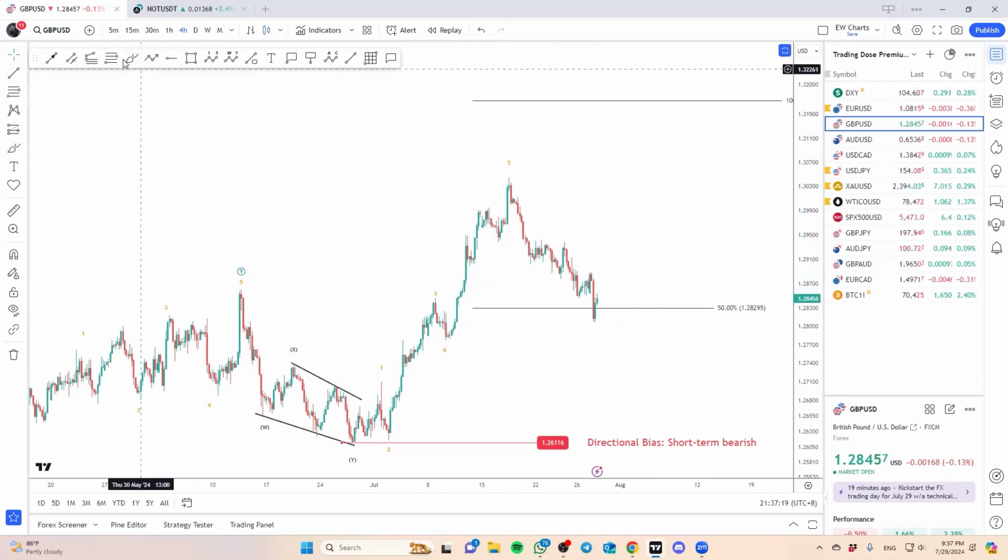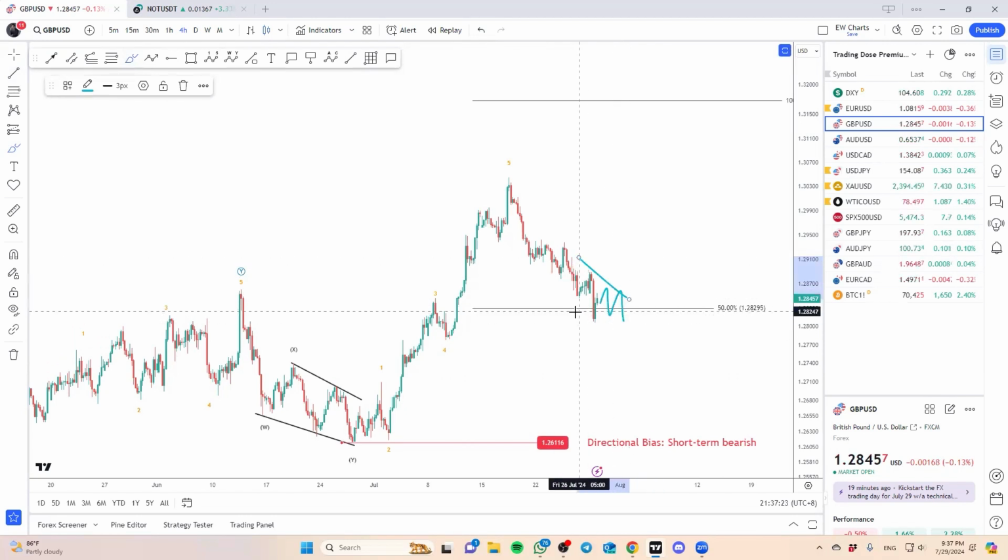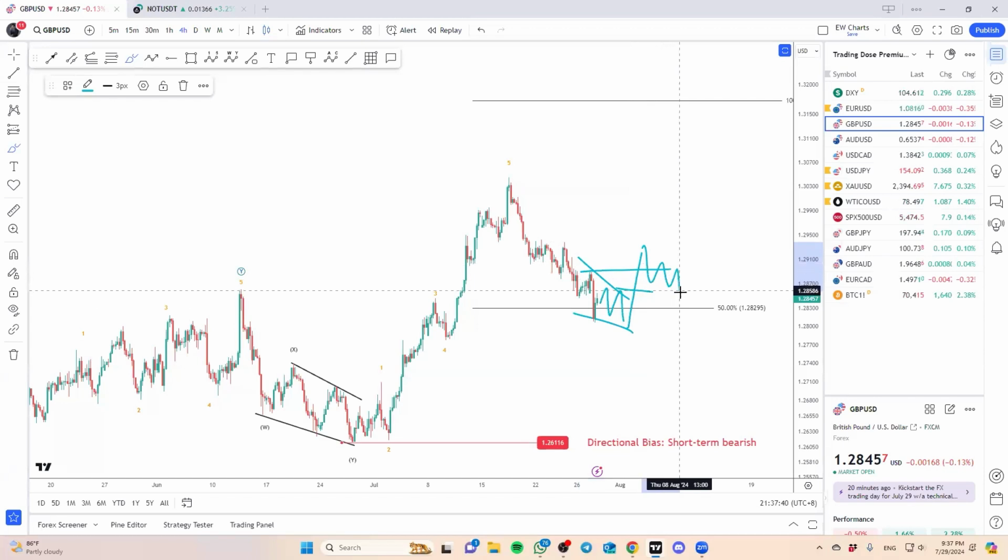What you want to ideally see is either this continues to do a crawl and starts to form a very obvious wedge crawl structure, and you can be aggressive and take the breakout from there. Or alternatively, wait for a clear break. Right now it would be this little structure here: a momentum, impulsive break, and then wait for the pullback. That would give you a buy trade opportunity to the upside.